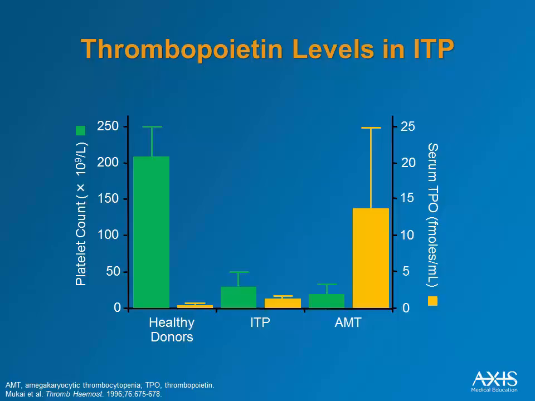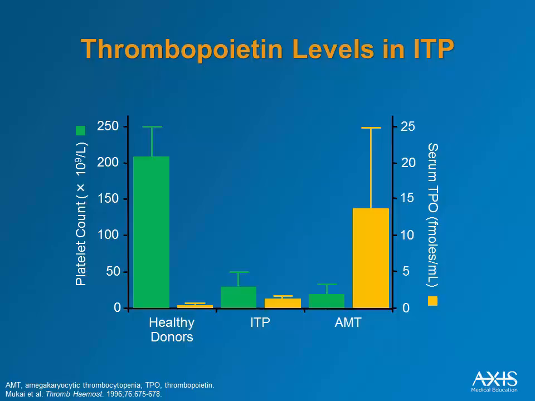However, when you have ITP and you have very low levels of platelet counts, in this condition the thrombopoietin level is barely greater than normal. And we believe that that's due to the fact that platelets and megakaryocytes have thrombopoietin receptors on them, and if they are present, then a lot of the thrombopoietin, whether endogenous or even exogenously administered, like the thrombopoietin agents, will bind up the thrombopoietin.